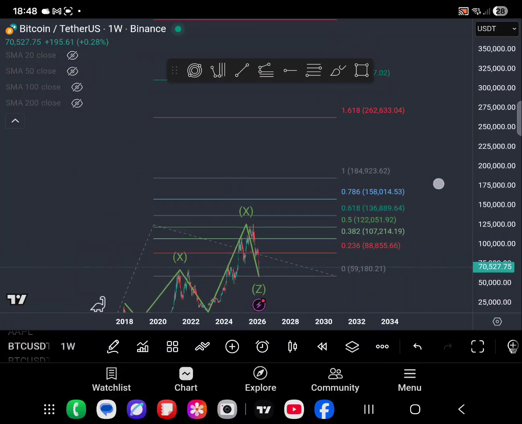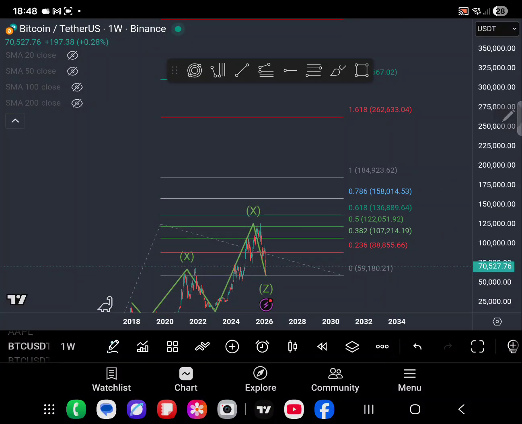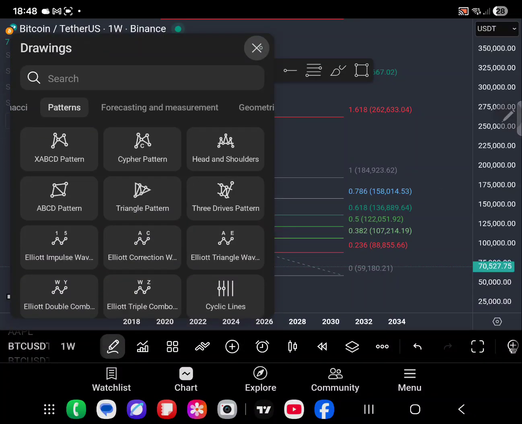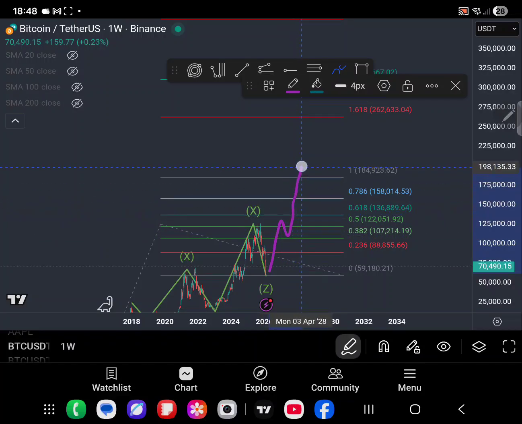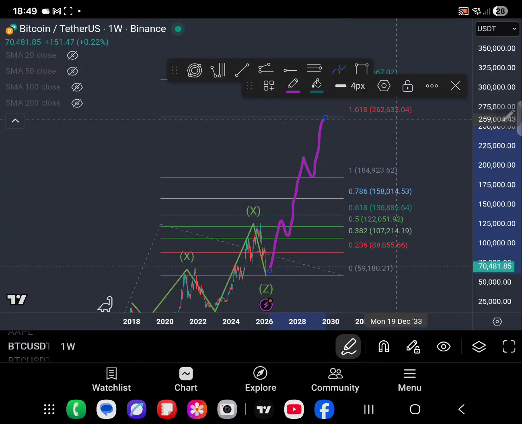Okay. And if we look at the extensions, at 1.618, what I'm actually hoping for is a 5-wave move, something like this and like this and like this. Probably faster than that, but something like that, which is going to move up to around $250,000.